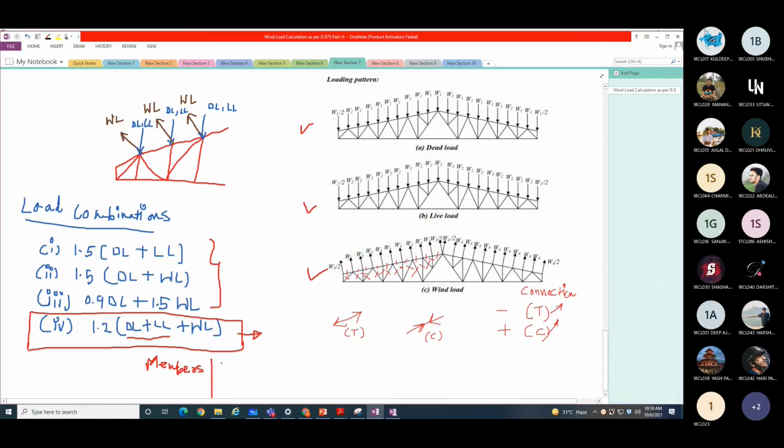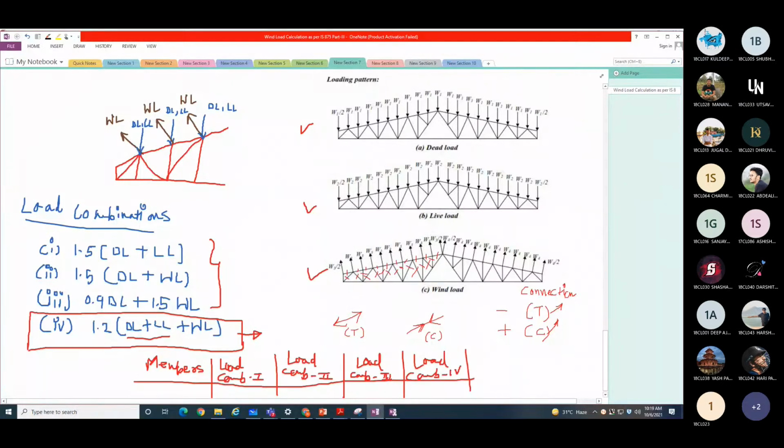Then you have load combination 1, then load combination 2, then load combination 3, and if you wish you can do load combination 4 also, right?